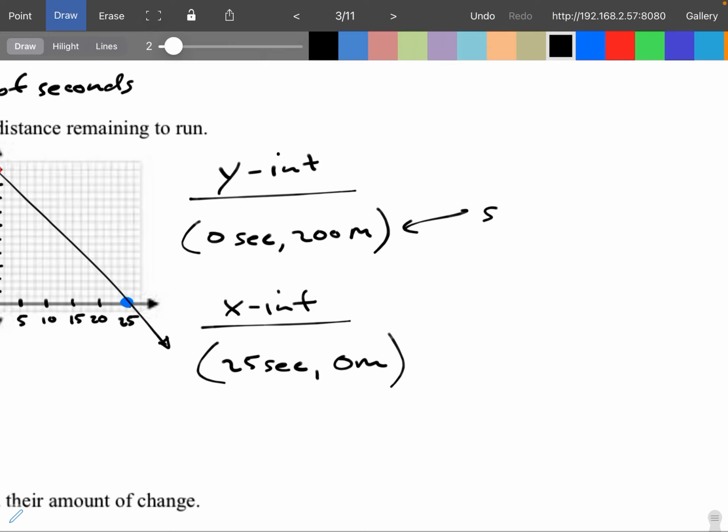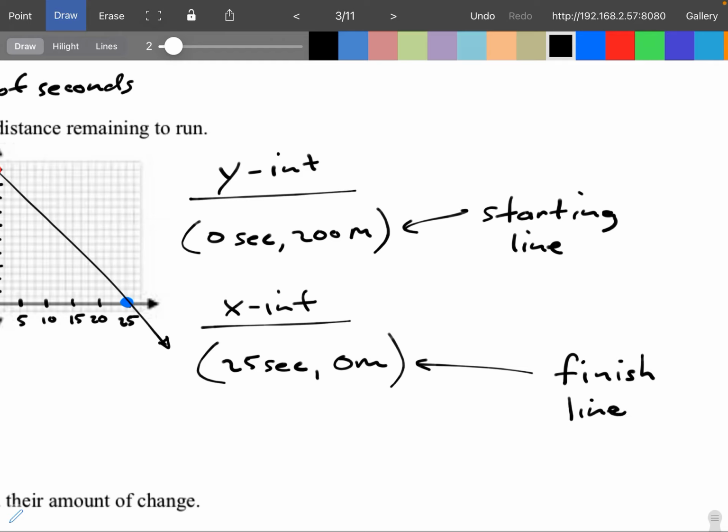What are you doing in the race if it's 0 seconds and there's 200 meters to run still? It hasn't started yet. Yeah, you're at the starting line, right? At 0 seconds, you're at the starting line and you got 200 meters to run. So that's the way I'm going to describe it. There's other ways you could too, but you're at the starting line here.